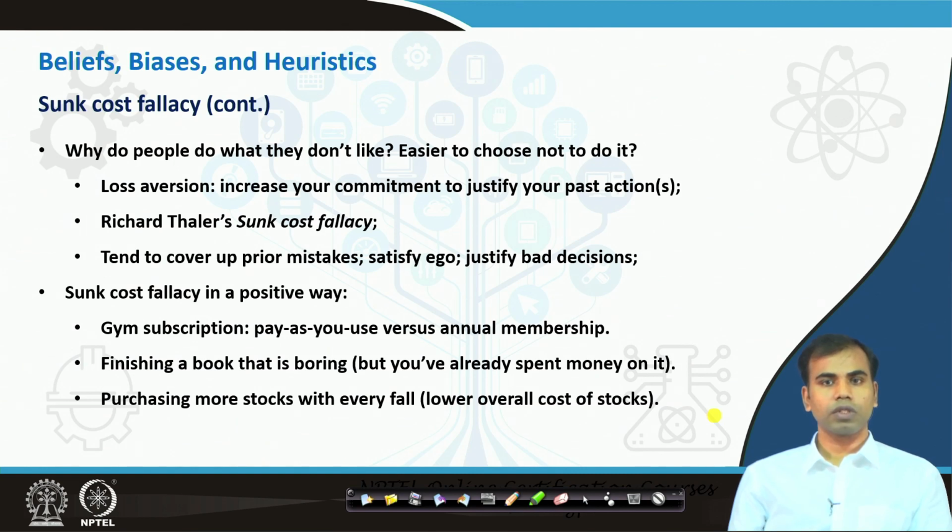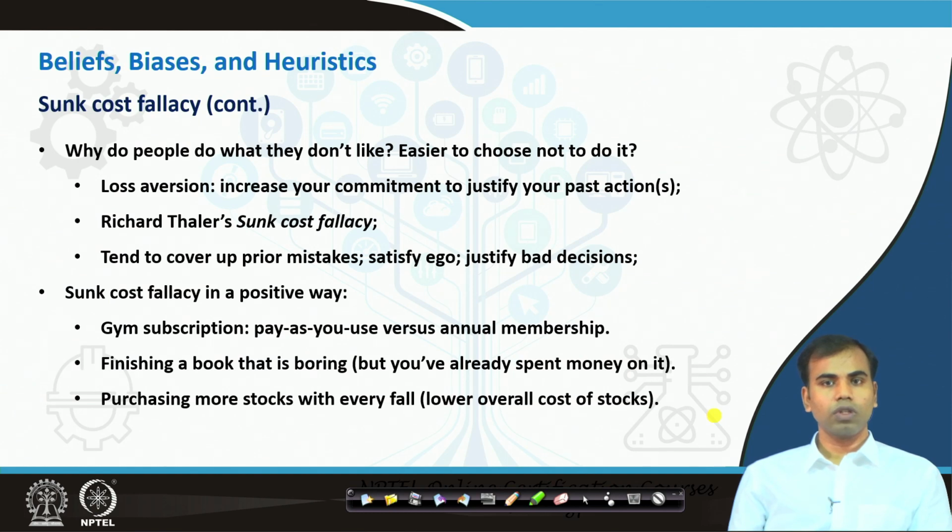suppose there is an investor who purchased a stock for some amount of money and the price was x rupees. Tomorrow or next period, if the price falls lower than x, the investor would probably try to buy more shares, saying that it will average the overall cost of purchased shares.